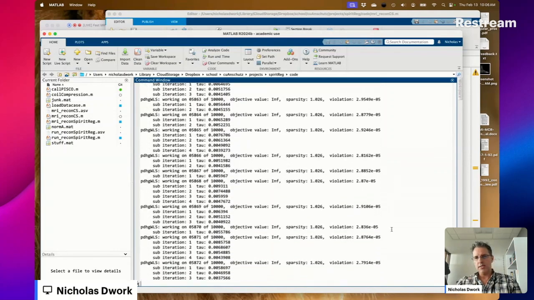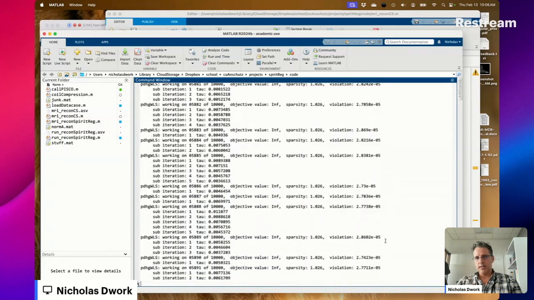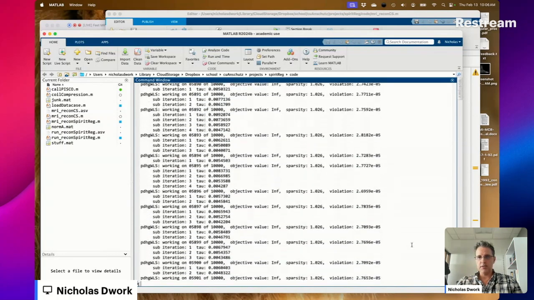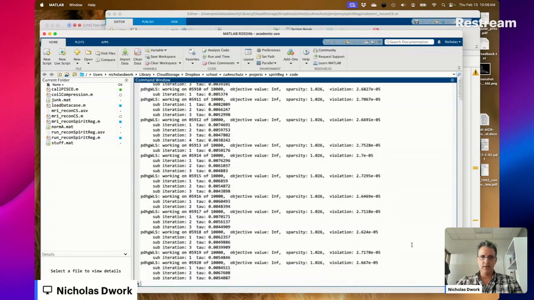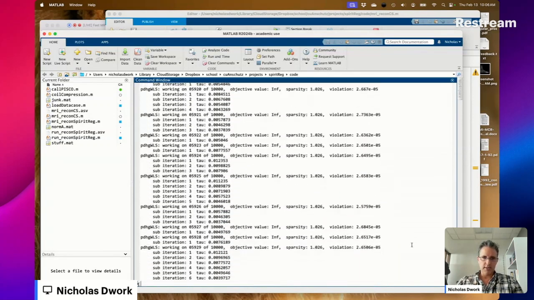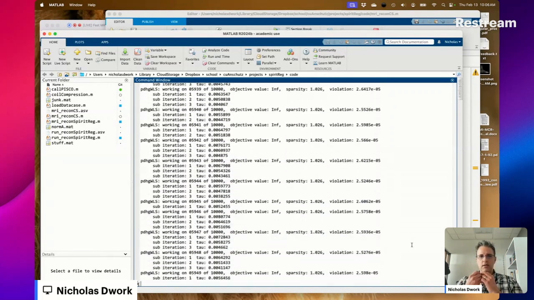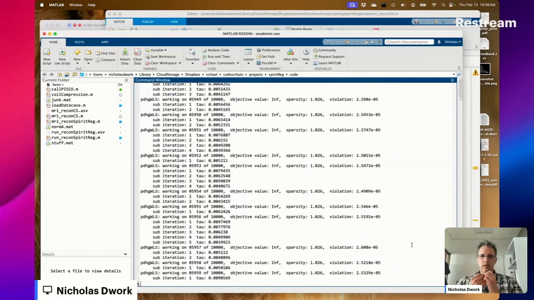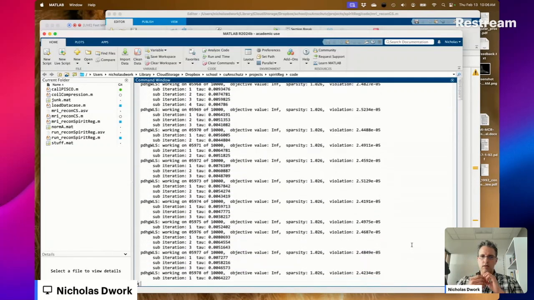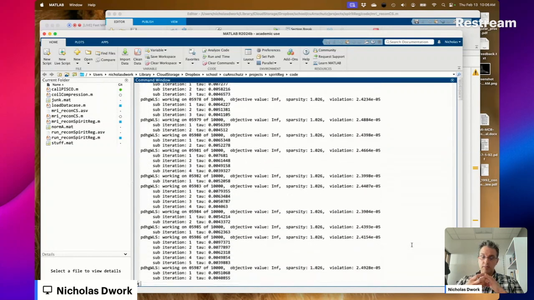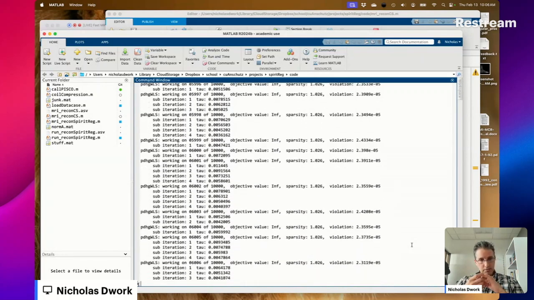We're continuing to get closer. The constraint violation is getting smaller and smaller. Now we're down to about 3 times 10 to the negative 5. It'll be very interesting to see what this comes up with. Depending upon what it comes up with, maybe preconditioning would help.